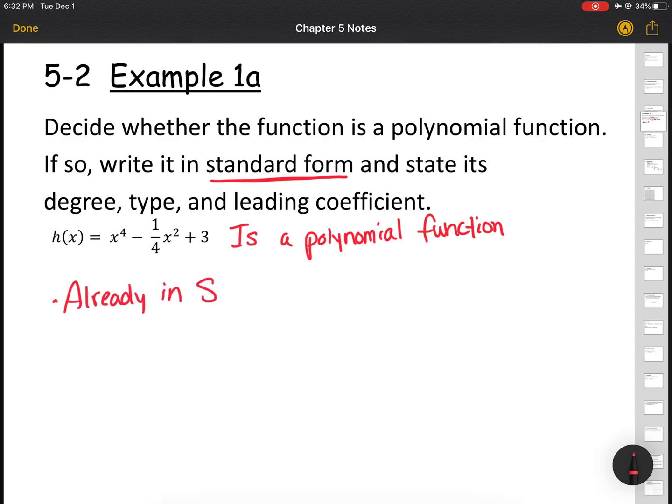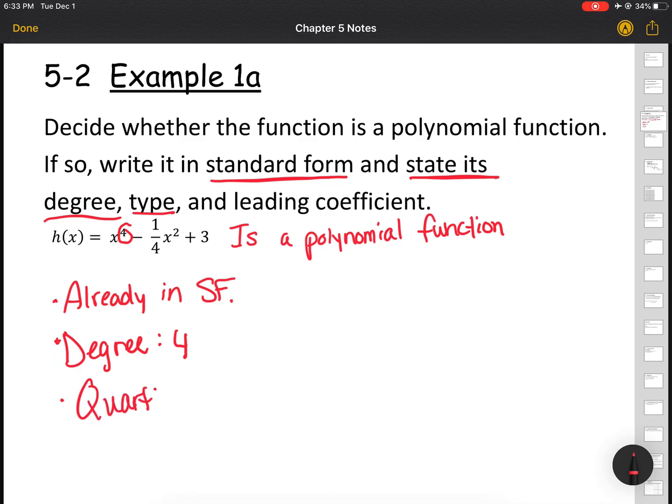And I'll just put SF for standard form. And I've got to state its degree. Well, the degree is the biggest exponent. So my biggest exponent, that's 4. The type, well, if we refer back to that chart, the degrees of 4, these are the quartic polynomials.